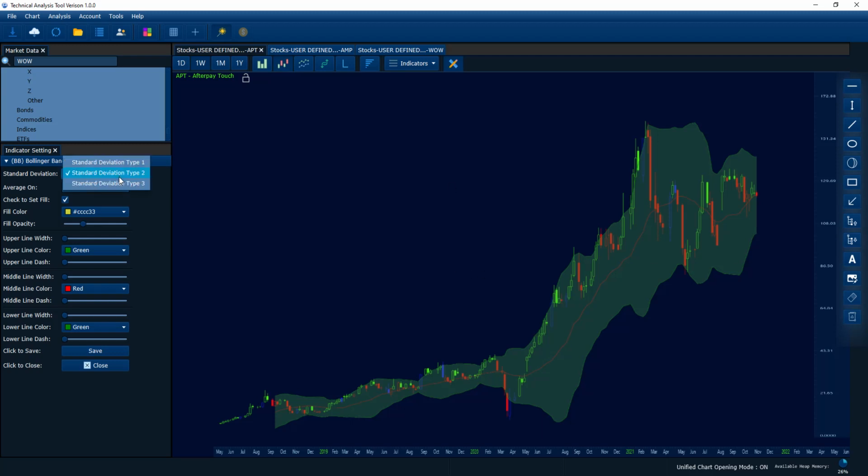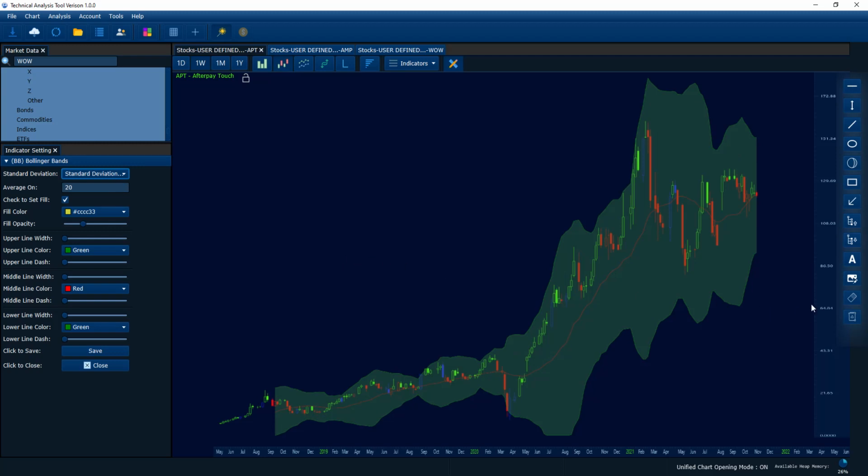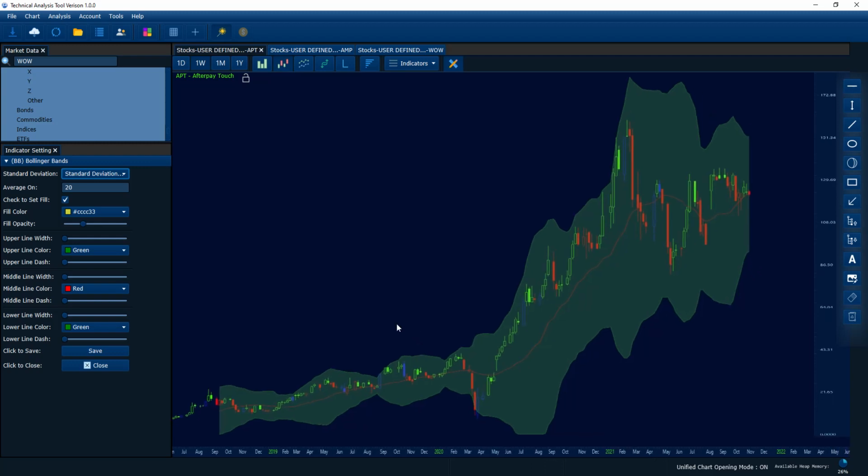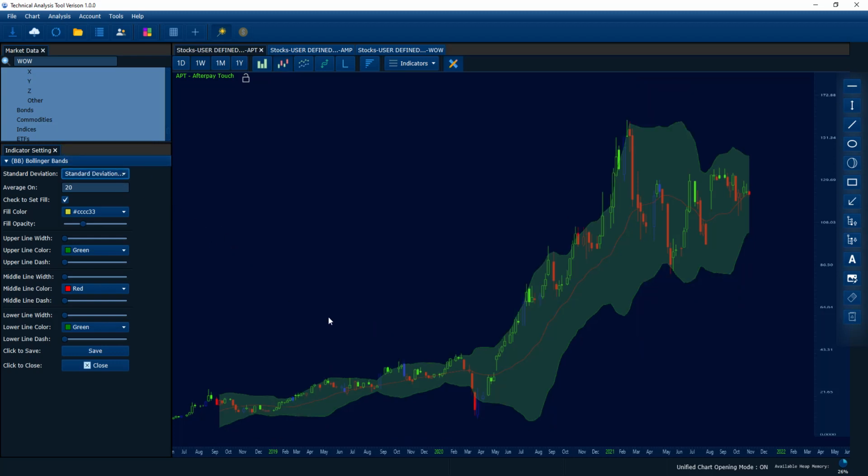If you use the band 3, you don't have that many signals generated, right? Because 90 or 95% of the price will always stay inside the bands. If you want to generate a decent amount of trading opportunity, you can change it to type 2. That's why people normally use this type.